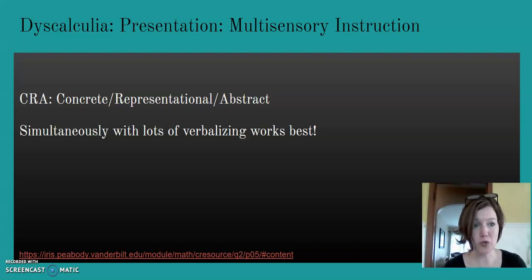And in that module, it was presented that using concrete, representational, so like those visual representations, and abstract all at the same time for older students can be very helpful. So I thought that was interesting, and I put the link of that module. It was highly helpful to me to go through that and understand more about helping students with dyscalculia in math.